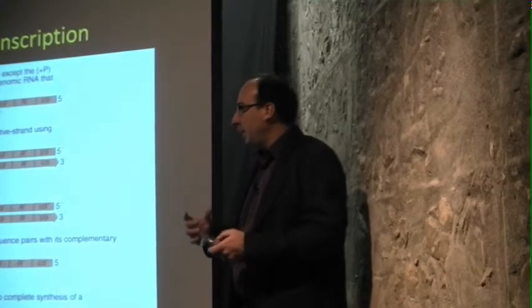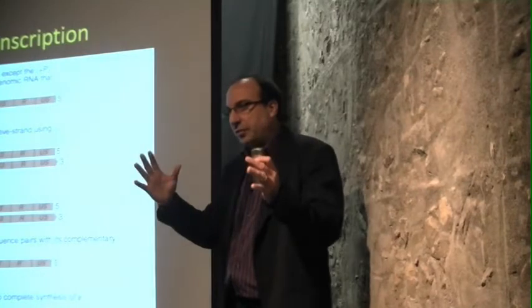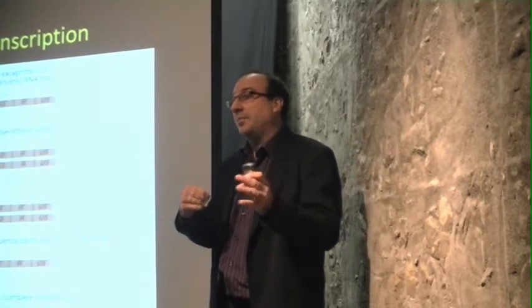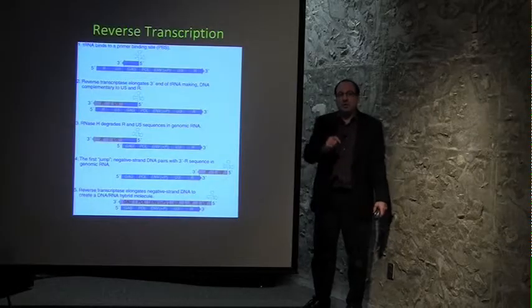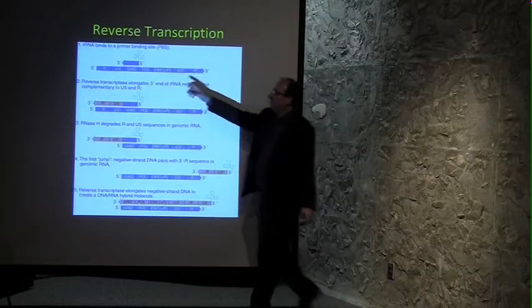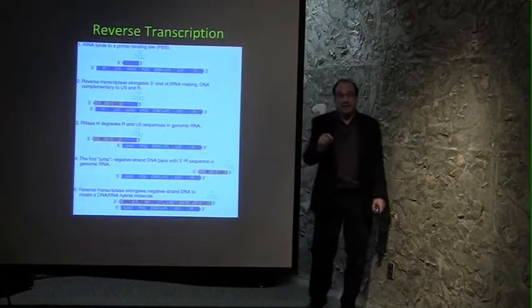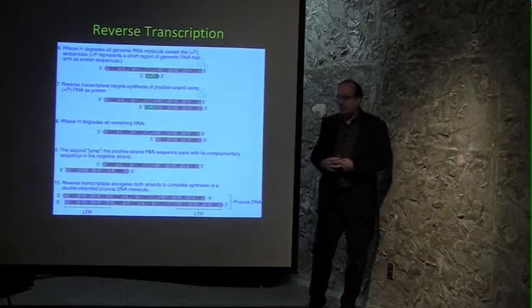And essentially, that's why we have the truncated, smaller version of the viral RNA that enters the cell. If you'll recall, the viral RNA that enters into the cell goes from R-U5 at one end to U3-R at the other end of the genome. So it doesn't contain the complete LTR sequence.